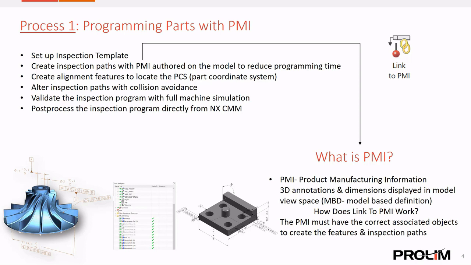After we have those inspection paths created and we've used the collision avoidance to optimize those paths, we can then use the machine simulation to validate to make sure our program does not have any collisions. Once we have verified it, we can then post-process it and then run it on our CMM machine.